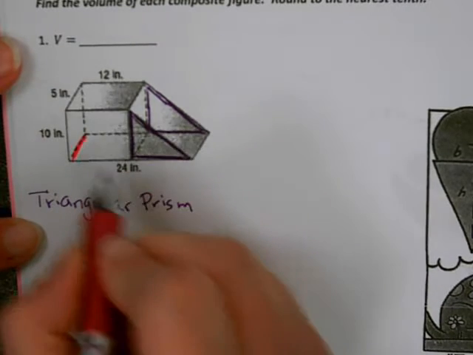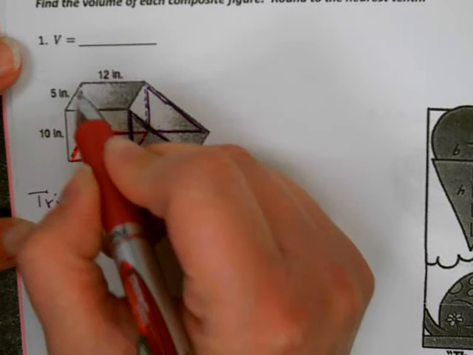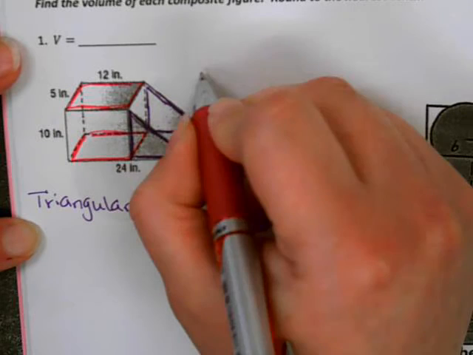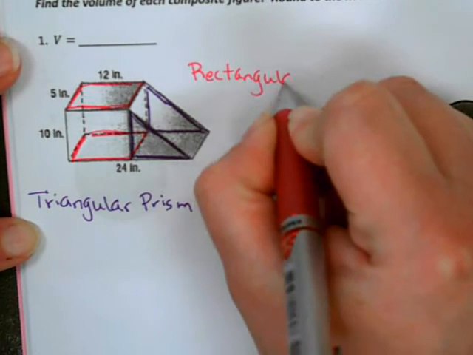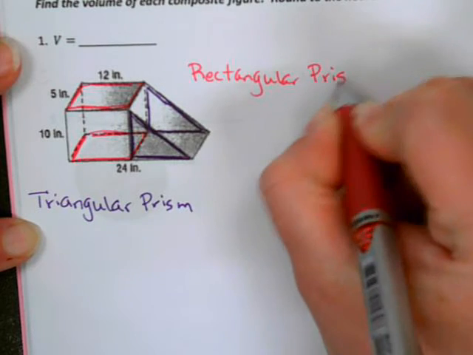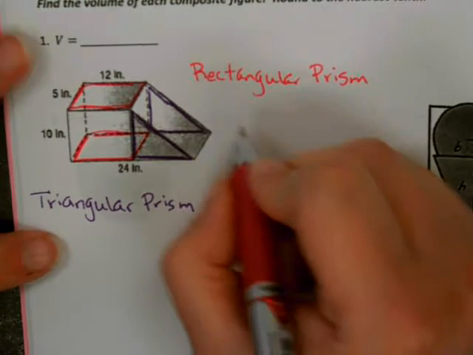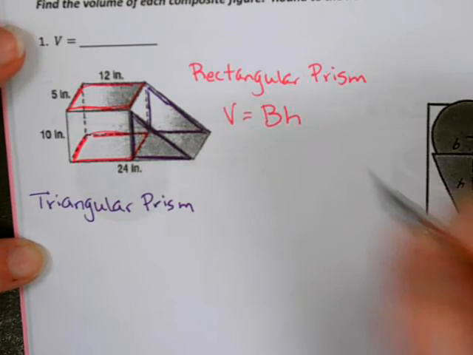So we can draw the base here and here. So, since I have the pink in my hand, we're going to stick with that one for a second. The volume of a rectangular prism, we need the area of the base times the height.